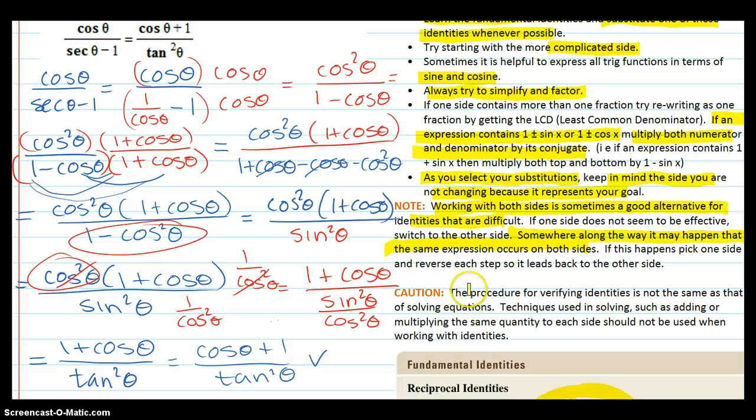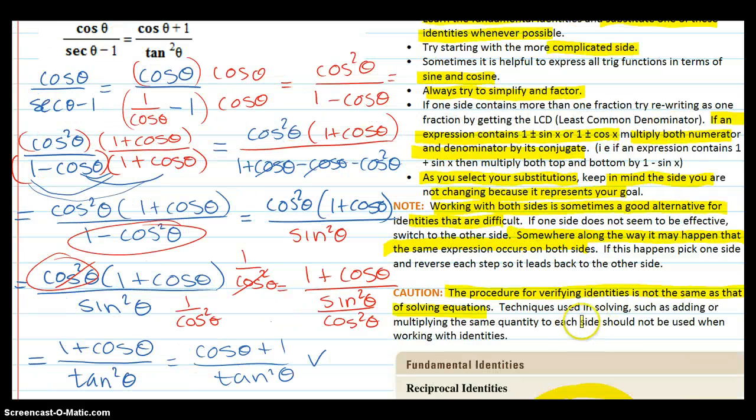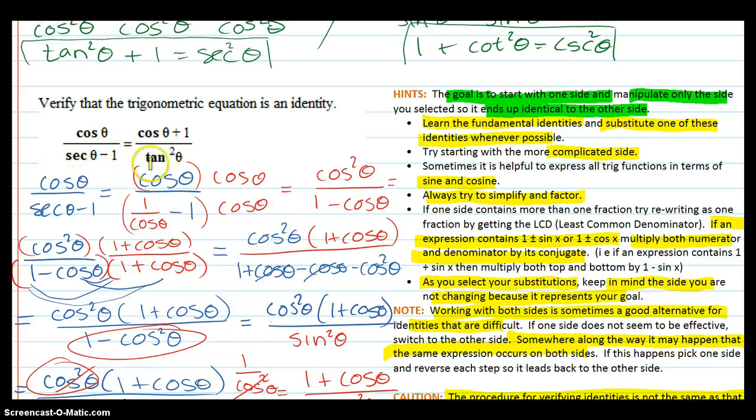Caution. I need to make sure we understand this caution. The procedure for verifying identities is not the same as solving equations. Techniques used such as adding or subtracting the same quantity to both sides should not be used when working with identities. So you notice here, I never went to the beginning and multiplied both sides by the same quantity. Right?